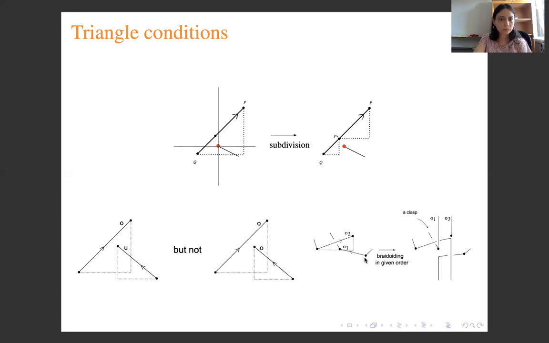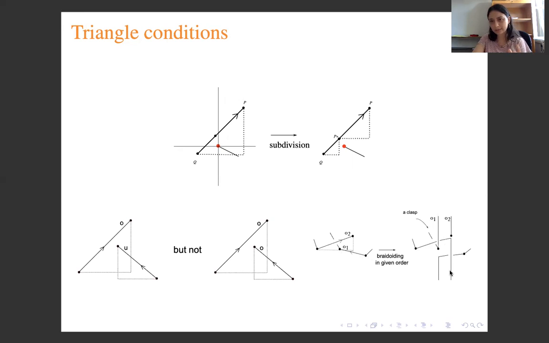If we decide to eliminate this up arc in the first order and this up arc in the second order, we observe some clasp here, which is avoiding this portion of the second braidoid strand, resulting in it being isotoped to a descending strand here.